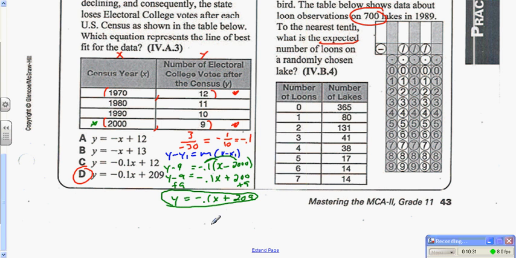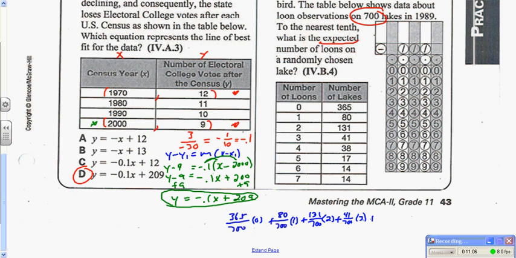So the first one is 365, and it's out of 700 lakes, and that's times 0. This is a long one, so hang on to your seats here. 80 over 700 times 1, 131 over 700 times 2, 41 over 700 times 3.